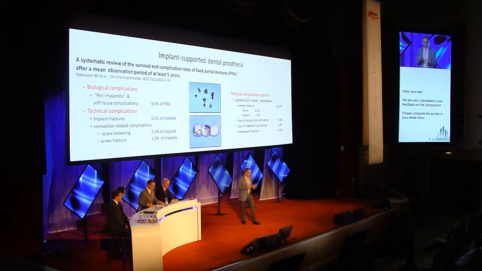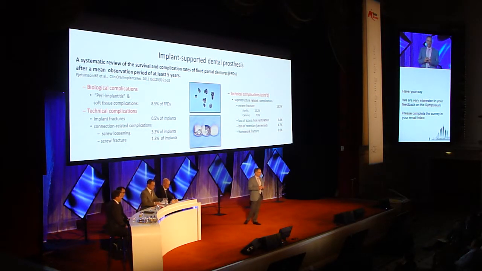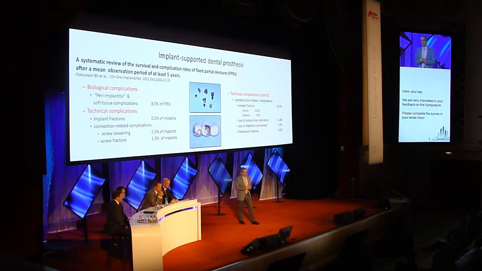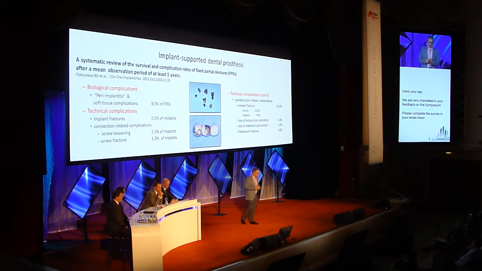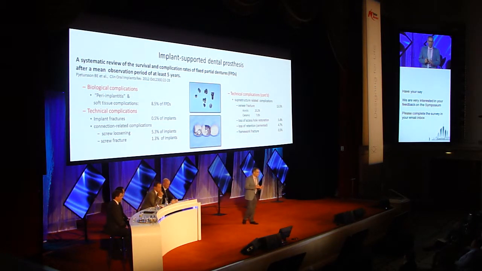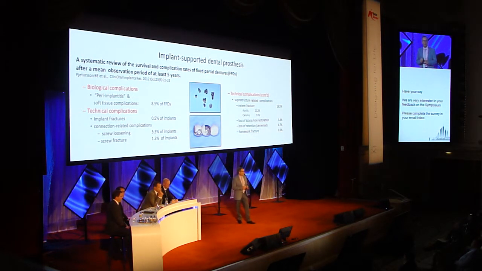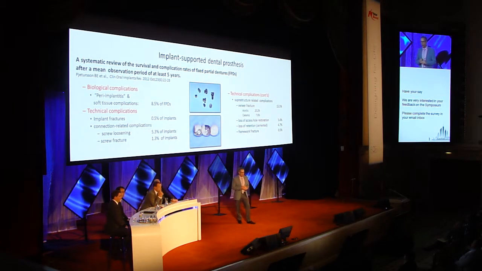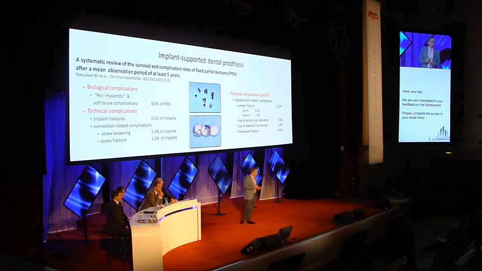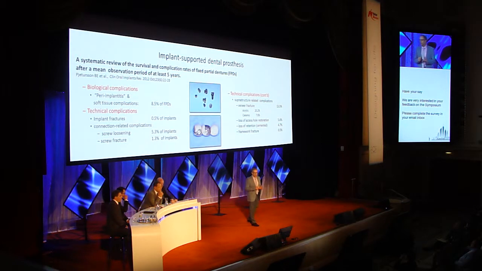Specifically, I don't think there's anybody that uses acrylic anymore. We had a lot of problems with those. So, although frequent, the complications associated with implant-supported bridge are mostly technical and they don't have much consequences.